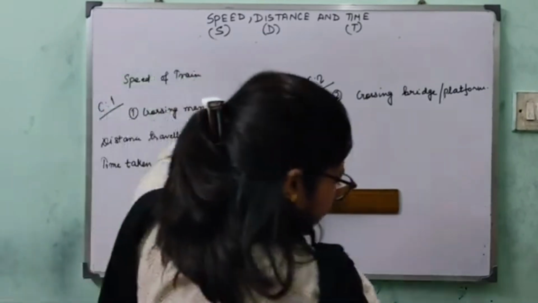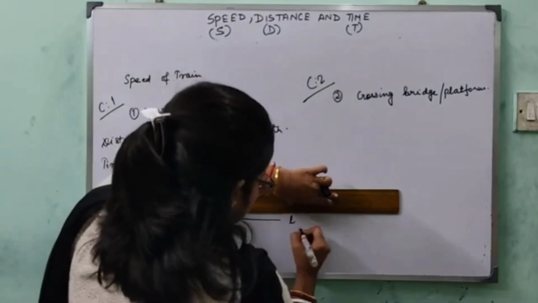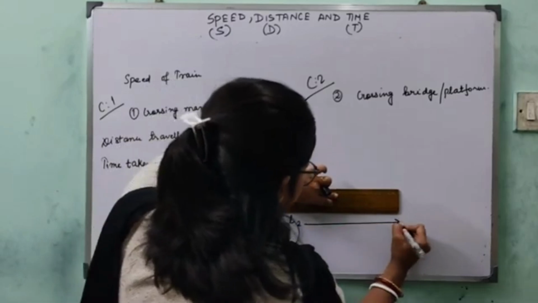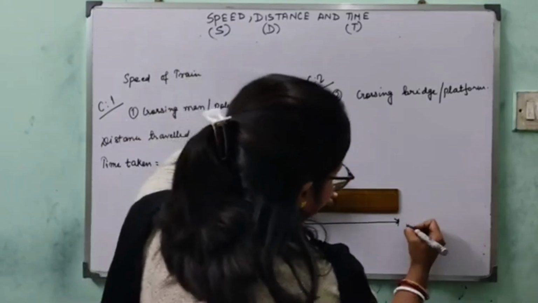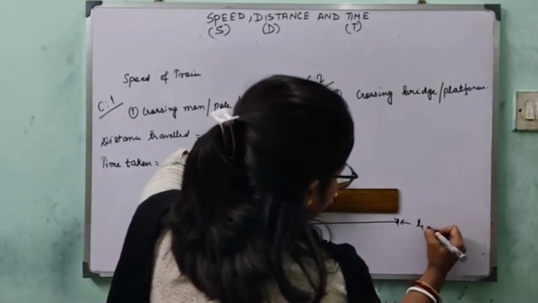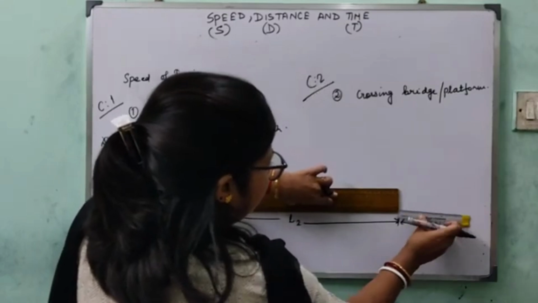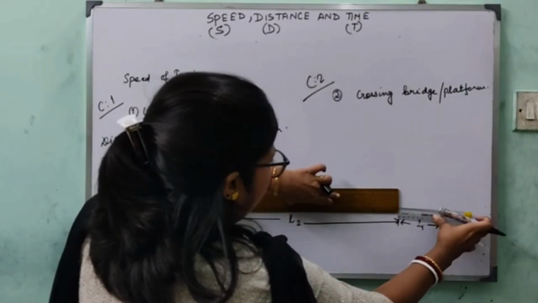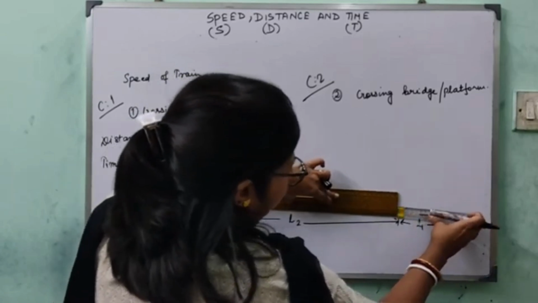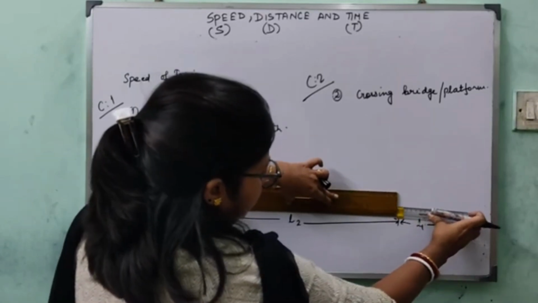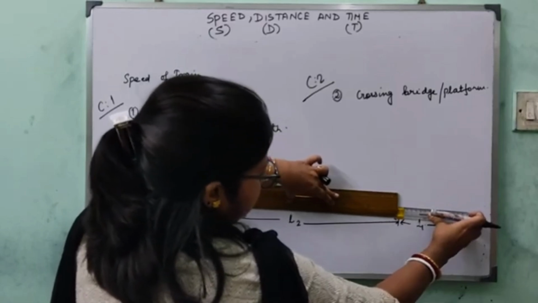Suppose I say that this is the length L2 and the train has a length say L1. So this is the train's length L1. So now you can see that the yellow paper is at this position, the starting position. That is the point at which the train starts to cross the platform.